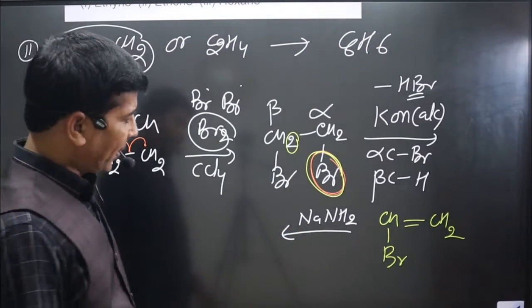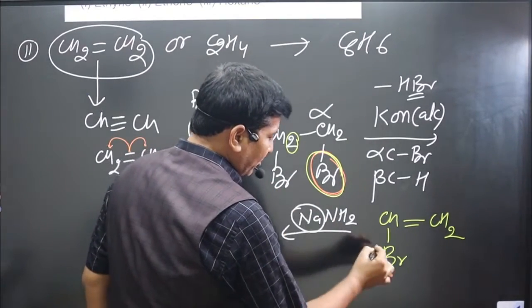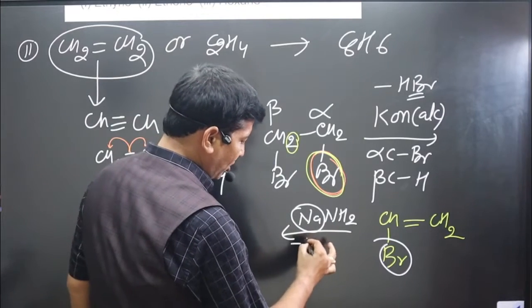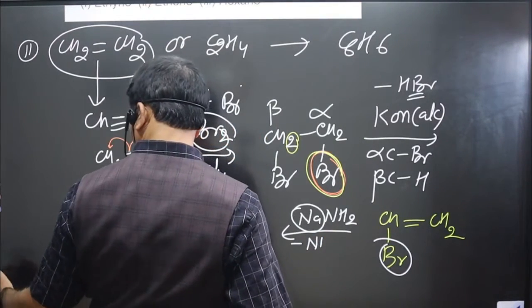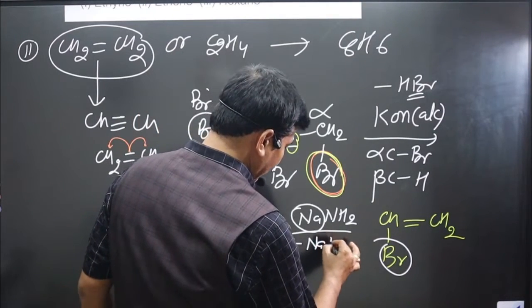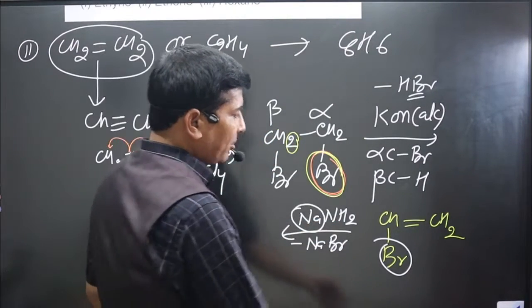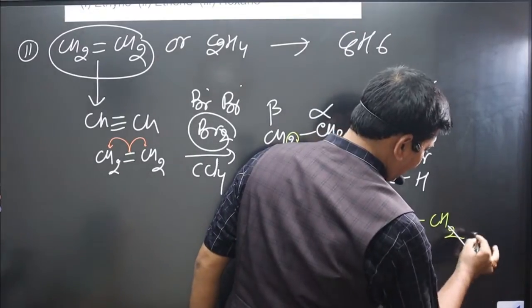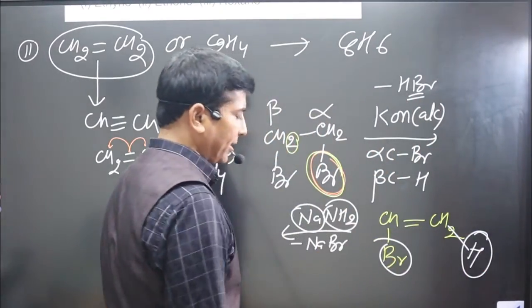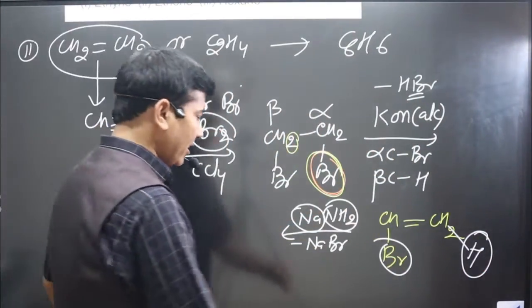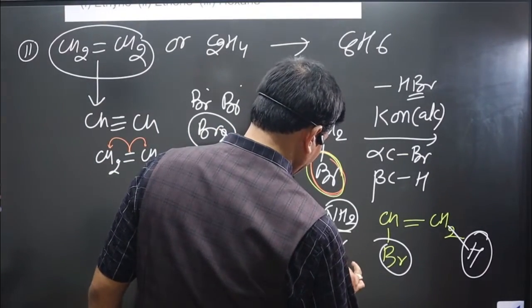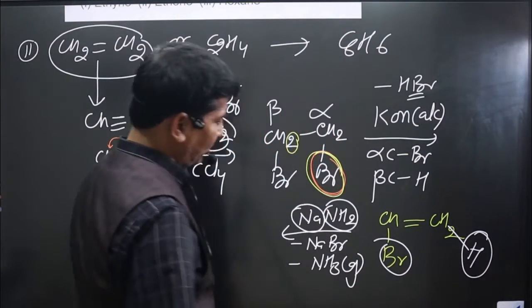In this case you can see Na will combine with Br, and NaBr is gone. This NH2 will combine with this hydrogen, and it will be removed in the form of ammonia gas.